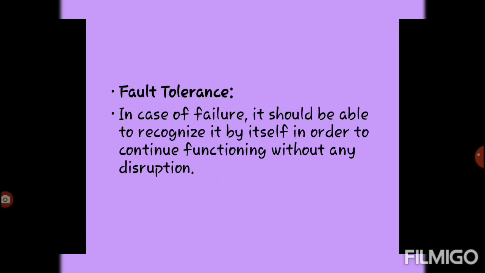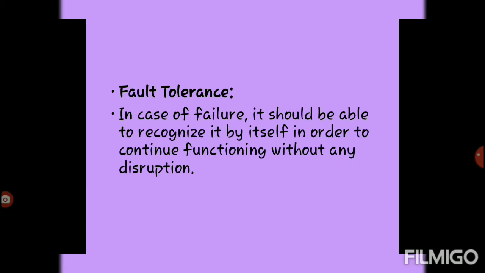The fourth one is fault tolerance. If any disturbance or failure happens, the process should be able to recognize it by itself and should not be disturbed in its execution at any point of time.